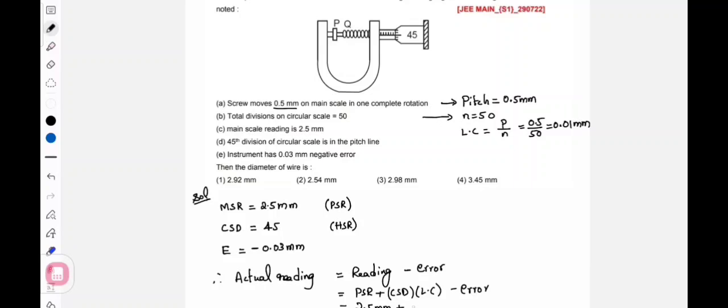CSD has no units, it's just a number. Least count, minus error itself is a minus. So solve: 2.5 plus 0.45 is 2.95, plus 0.03 is 2.98 mm. That's the answer.